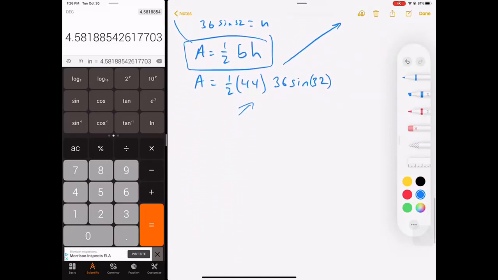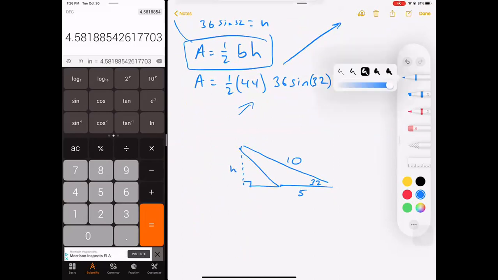For the SAT, if you see a triangle that looks like this, call this 5 and call this 10, okay? What's the height of this triangle? Draw the right angle. That's your height right here. And if you guys can see, this is a little harder.